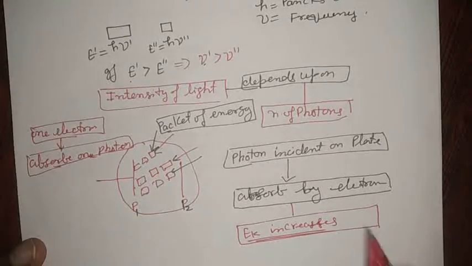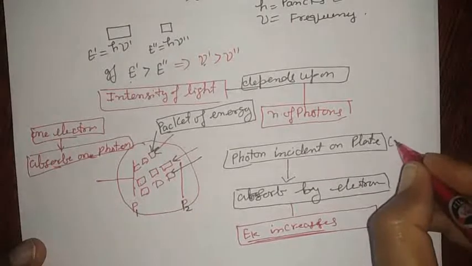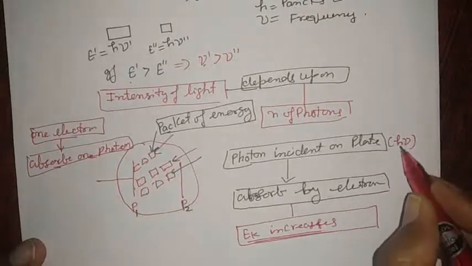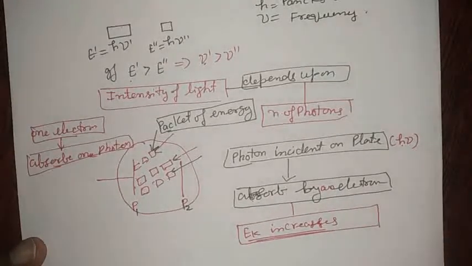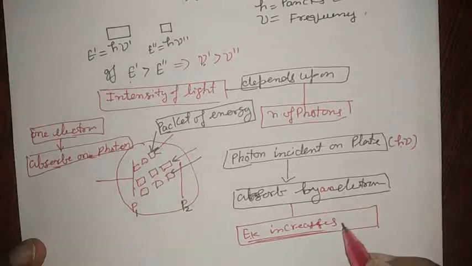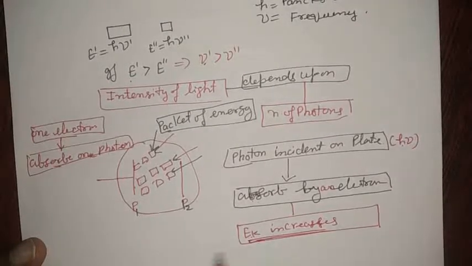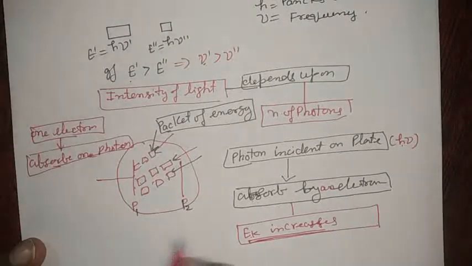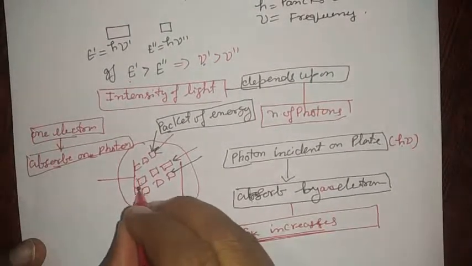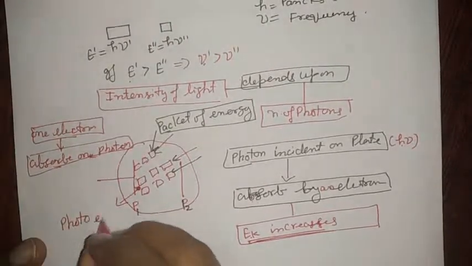Each photon has energy h nu. This energy h nu is absorbed by the electron. As a result, the kinetic energy of the electron increases. When kinetic energy increases, the electron is emitted from the plate. When it is emitted from the plate, this electron is called a photoelectron.